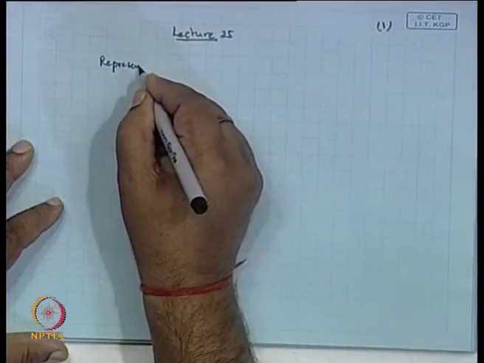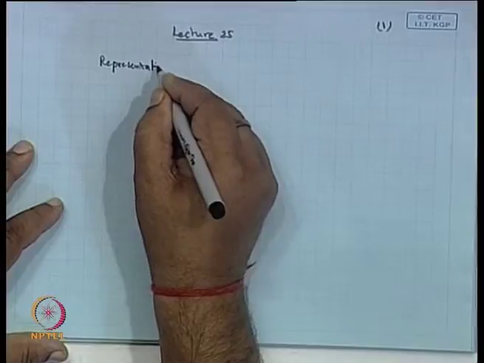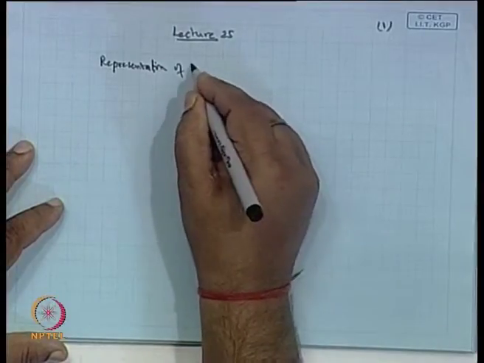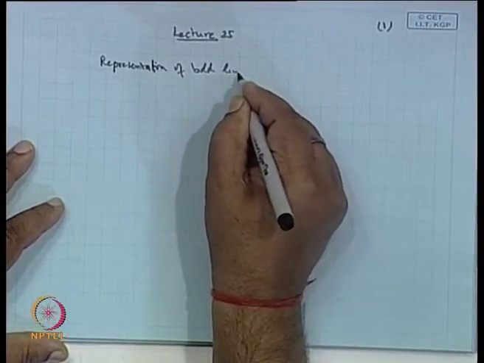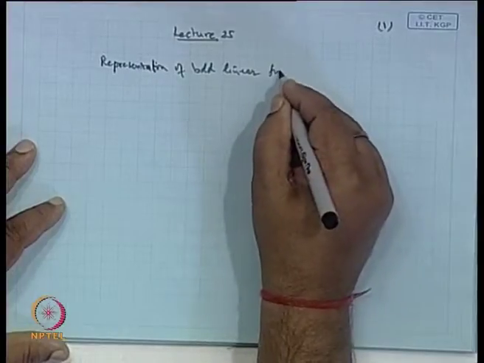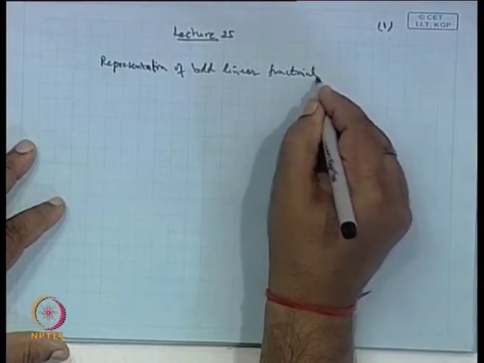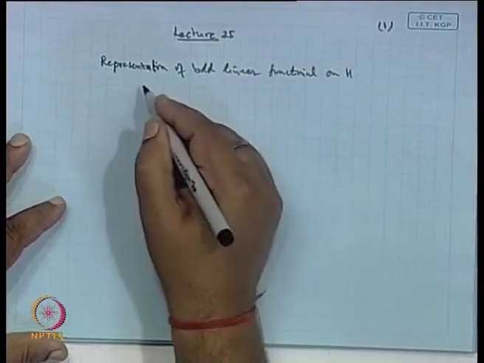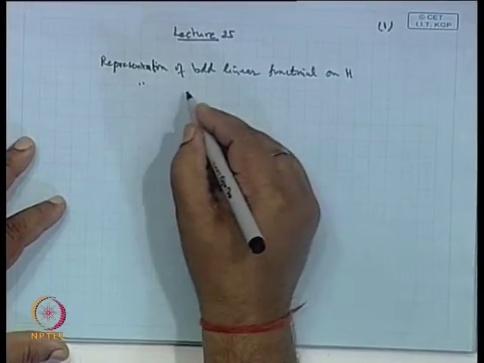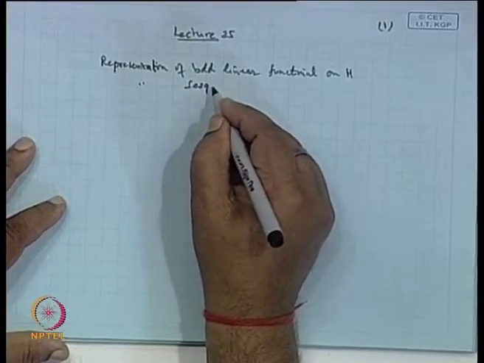In the last lecture, we have considered the representation of a bounded linear functional on the Hilbert space H, as well as the representation of a sesquilinear form.